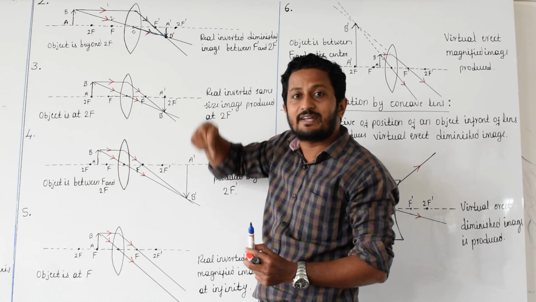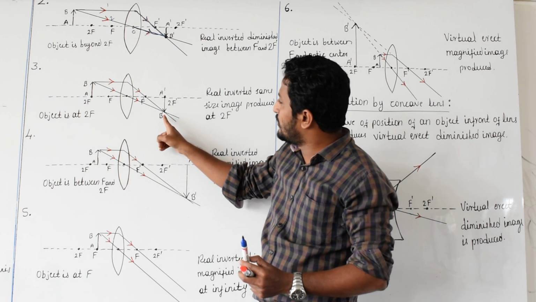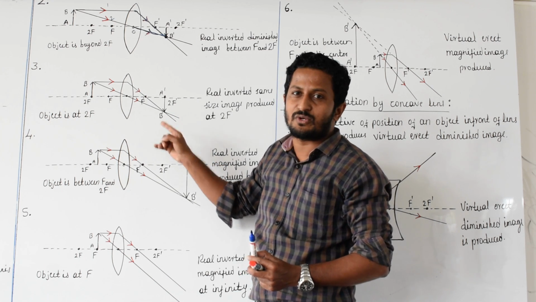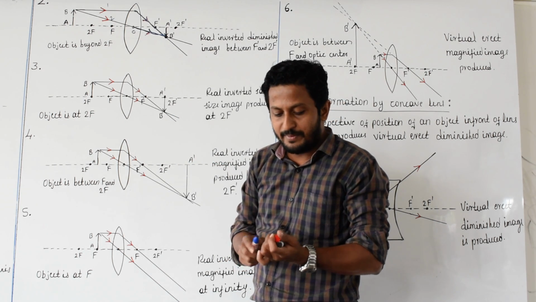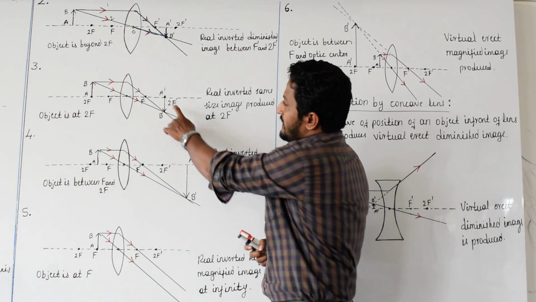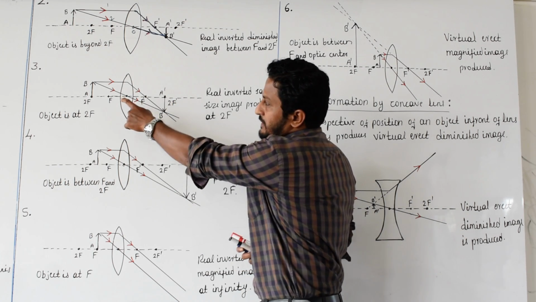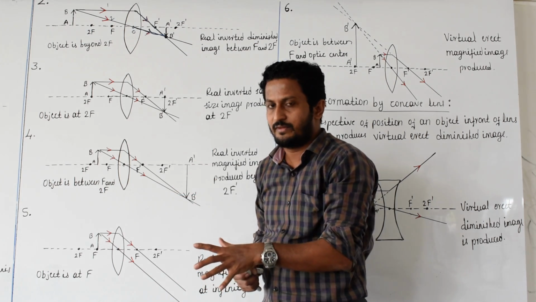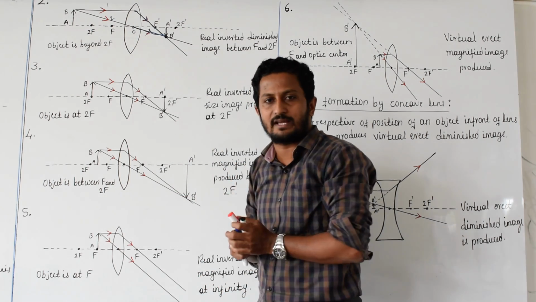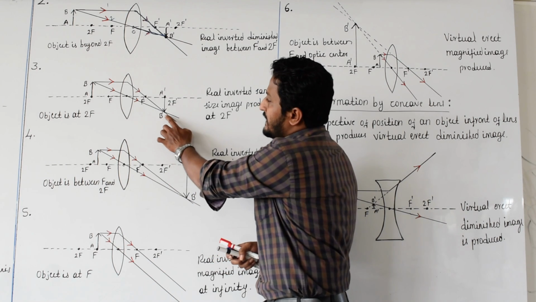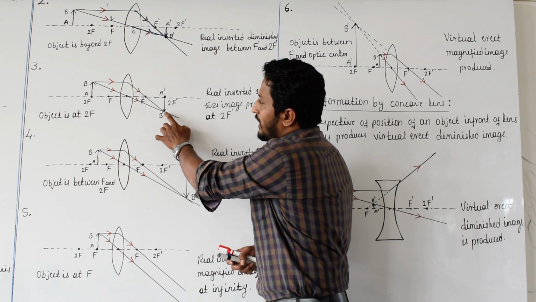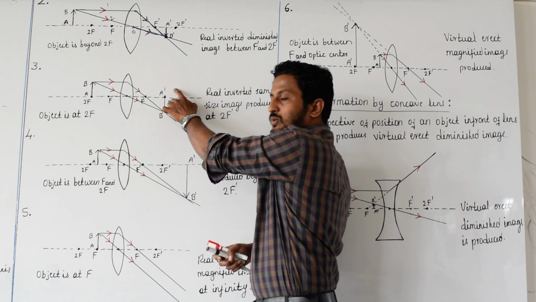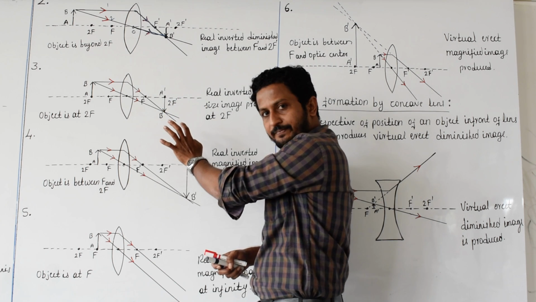It means it got inverted. Okay, you draw here A dash B dash. In this diagram, A dash B dash is the image of object AB which is placed at 2f. According to the diagram, where did you get that image? You got the image also at 2f, or 2f dash.